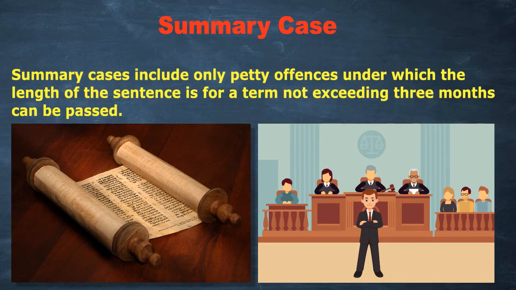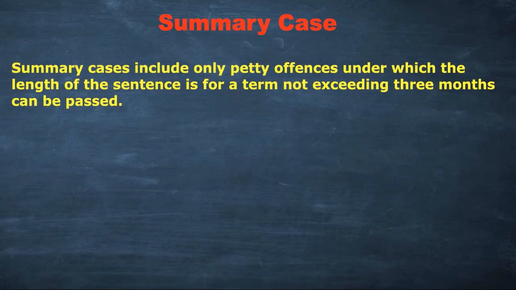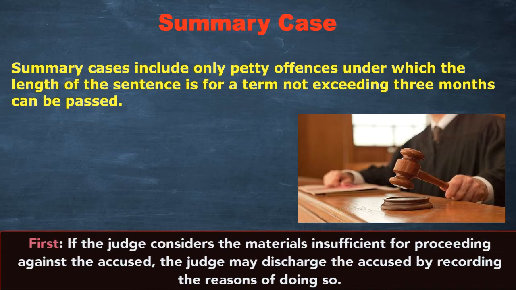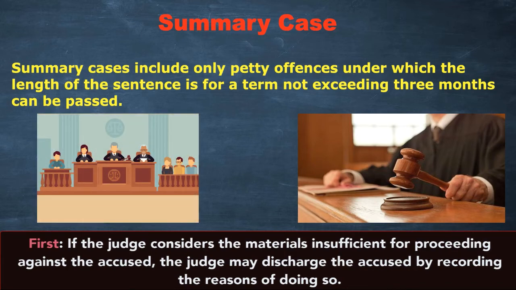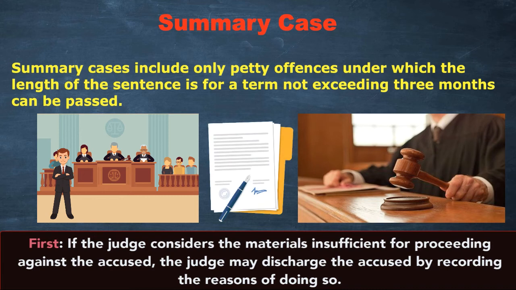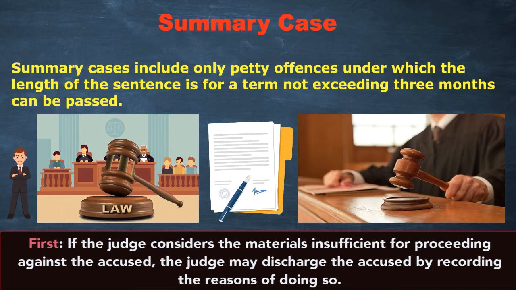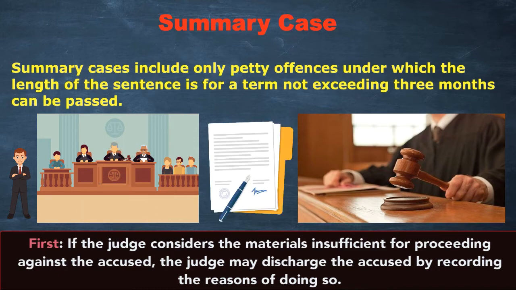At this point in time you need to note the following points. The first one is, if the judge considers the materials insufficient for proceeding against the accused, the judge may discharge the accused by recording the reasons for doing so. So this is the first possibility. In the lack of proper evidence, the judge can discharge the accused and keep a record of this.